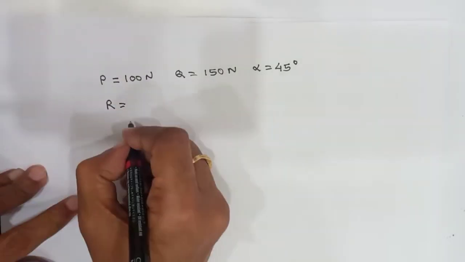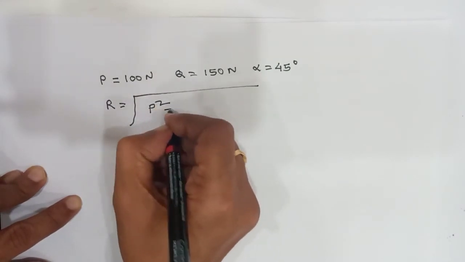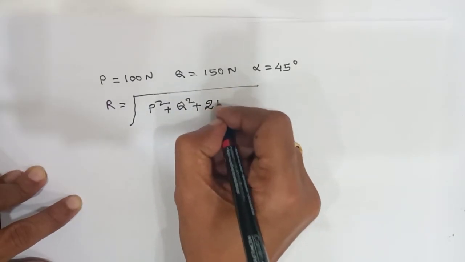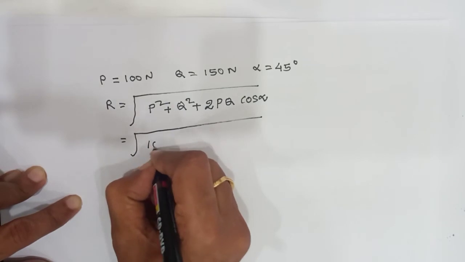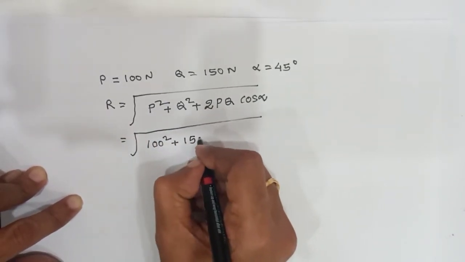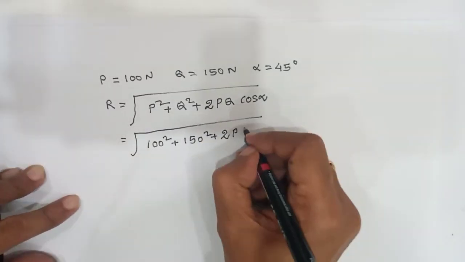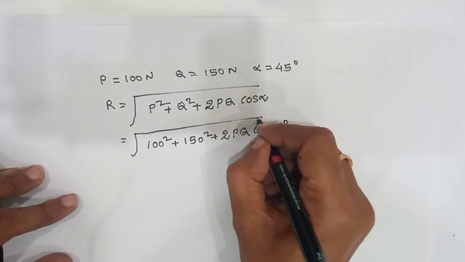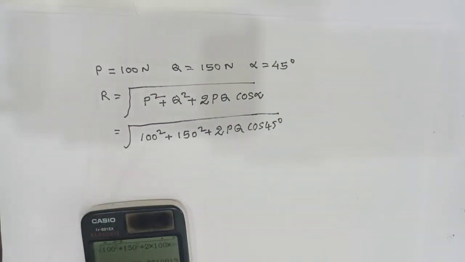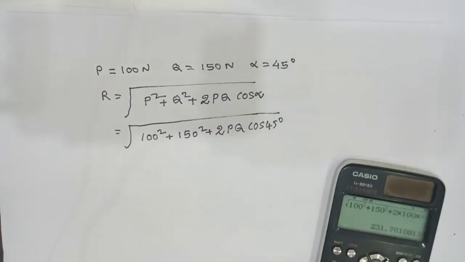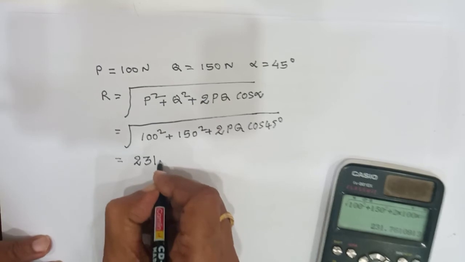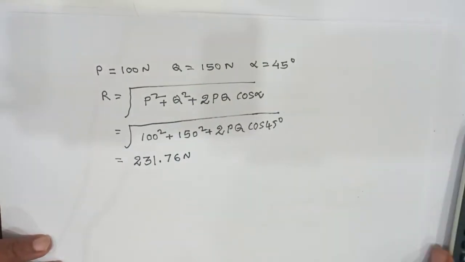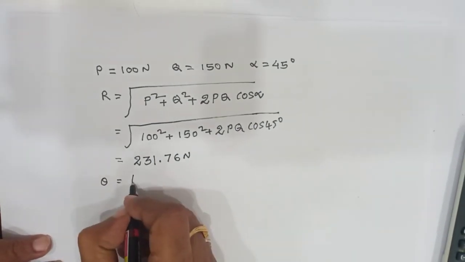Then the resultant force R is equal to under root of P square plus Q square plus 2PQ cos alpha, which is equal to 100 square plus 150 square plus 2PQ cos 45 degrees, which is equal to 231.76 newtons.